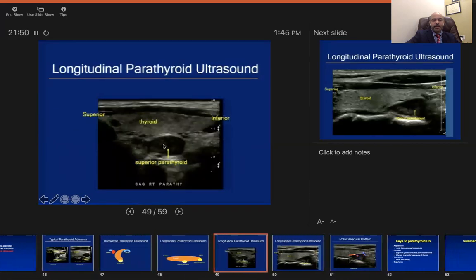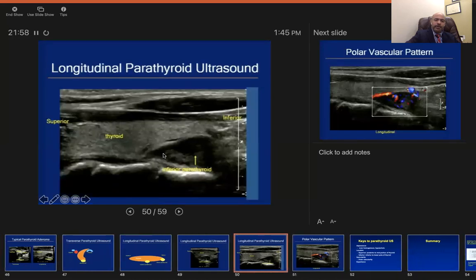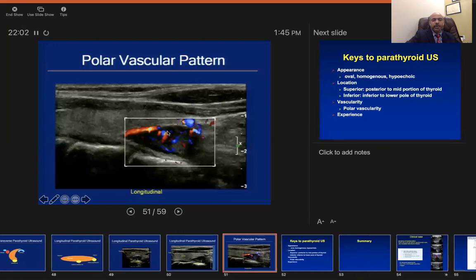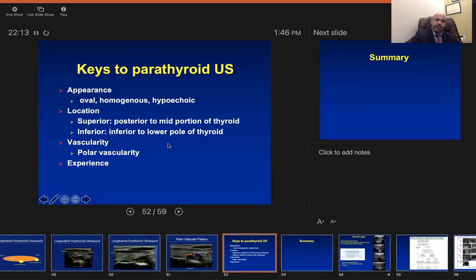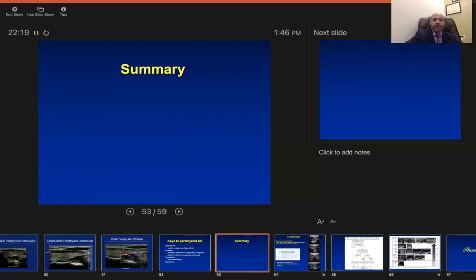And this is another image of a superior parathyroid, hypoechoic, round, and located along the border of the thyroid in the sagittal view again. And this is an inferior. One big characteristic when you localize it: you put on the color Doppler, and you can see a beautiful polar artery feeding this parathyroid adenoma. So these are the parathyroid ultrasound characteristics that we already talked about.